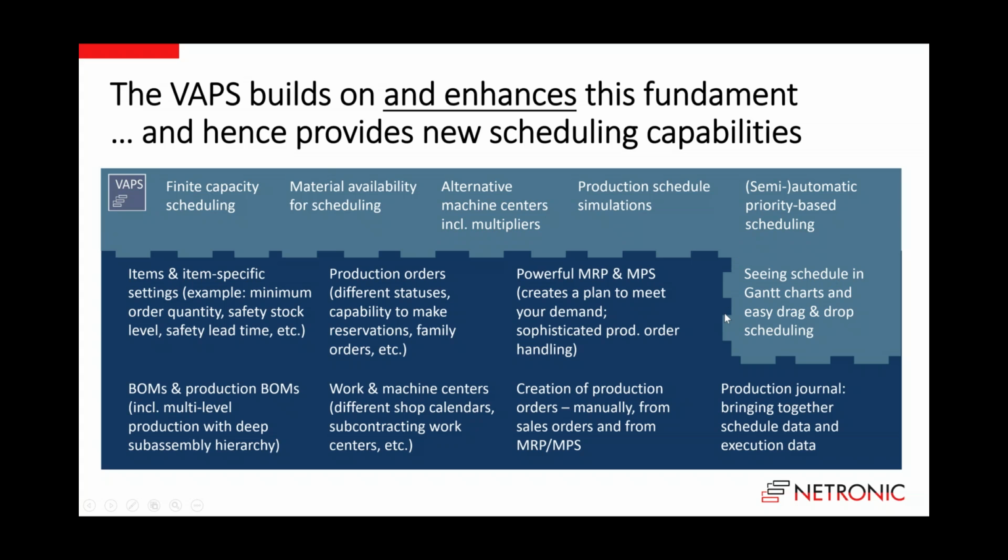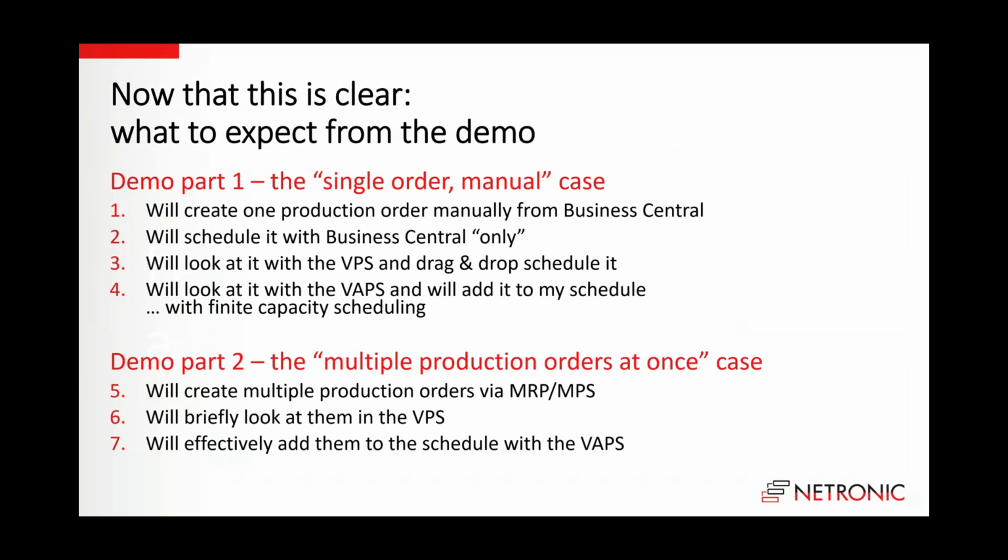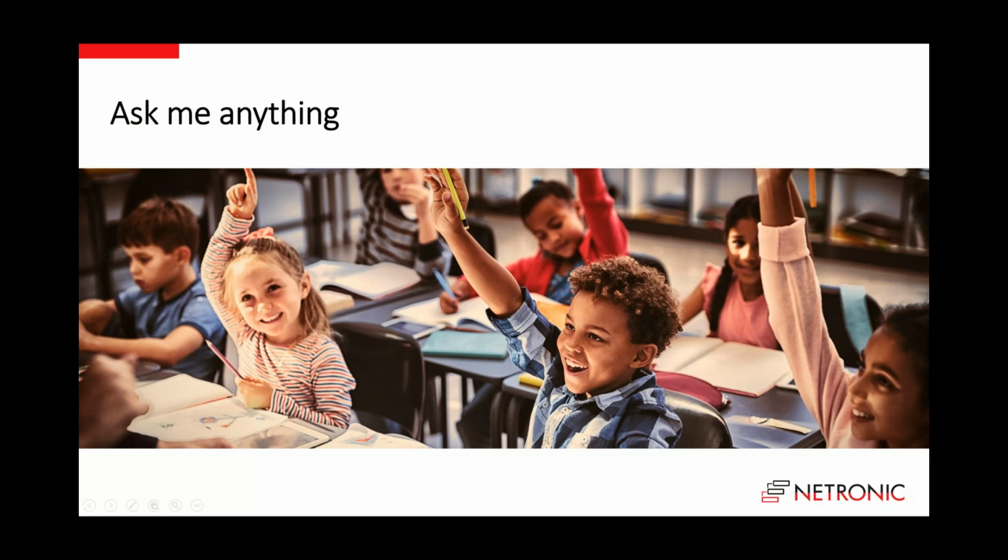And hence, for the VAPS, we are asking for certification and for you showing some commitment in terms of getting smart, or as smart as you can, on the product.